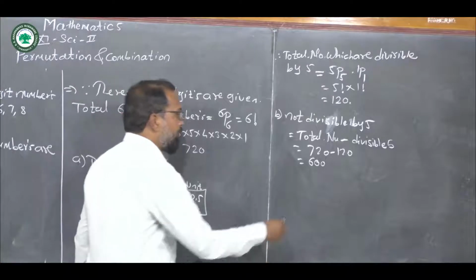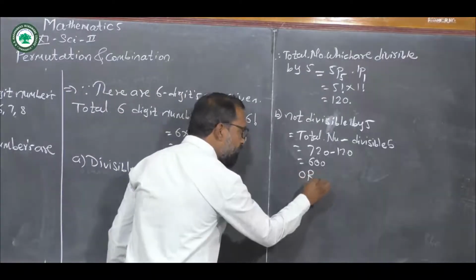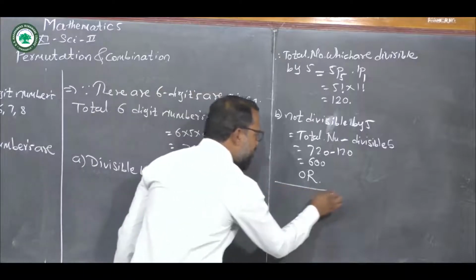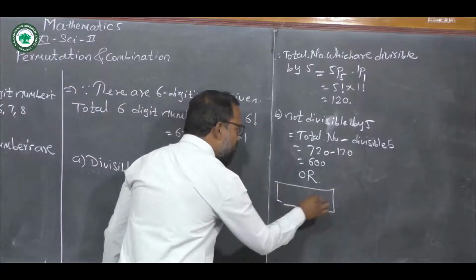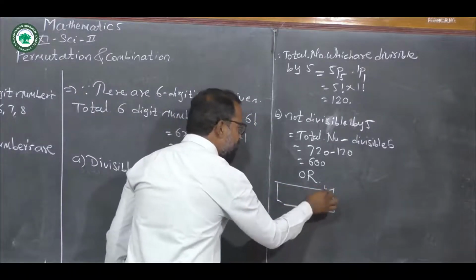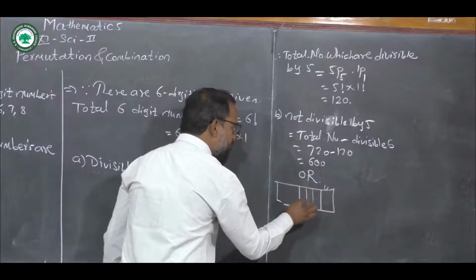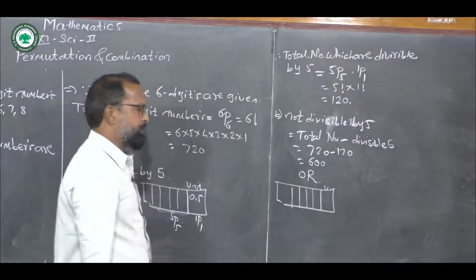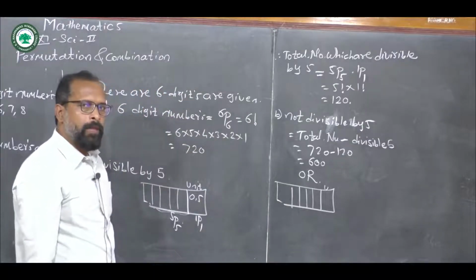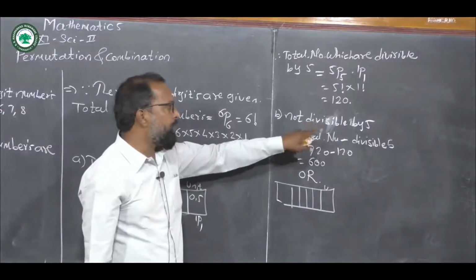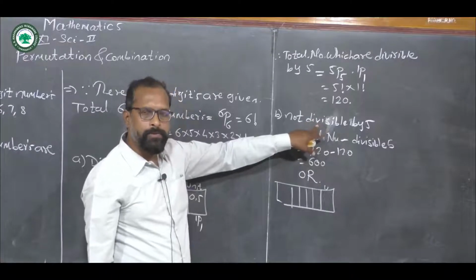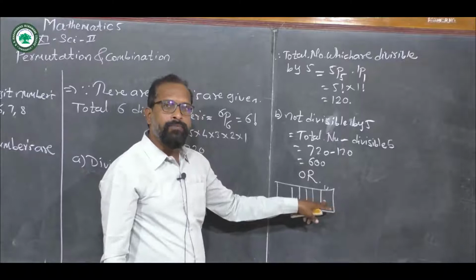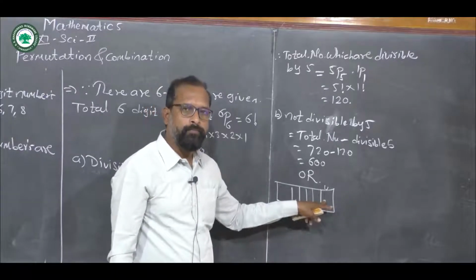Or the alternate way is, again, since we have to form a 6-digit number, this is the unit place, and these 1 2 3 4 5 are the remaining places. Now we know that a number is divisible by 5 only when its unit place is filled with 0 or 5.